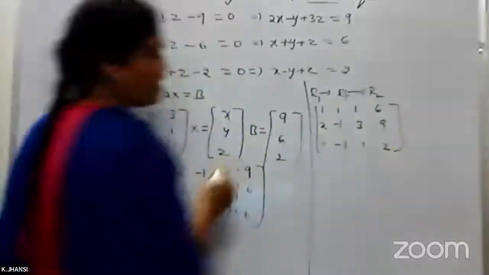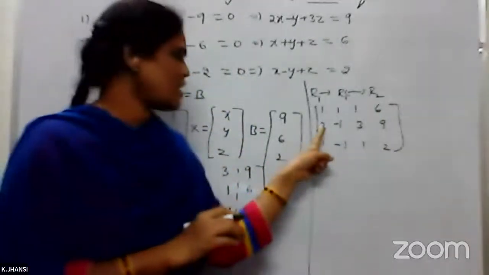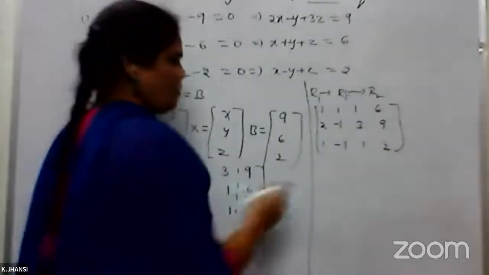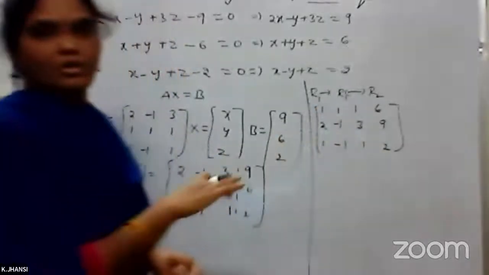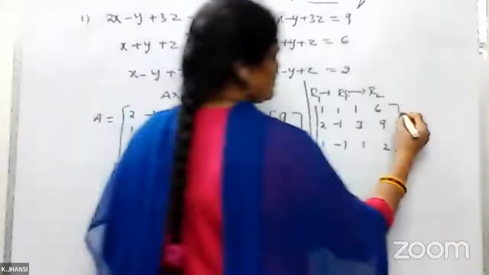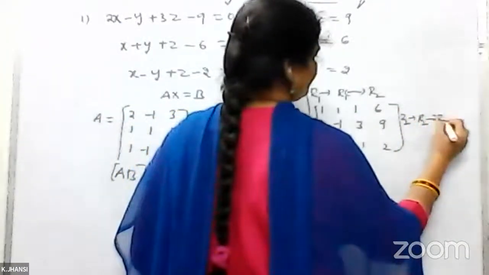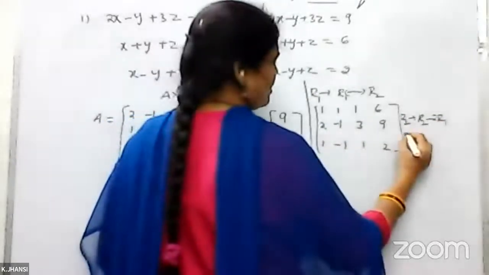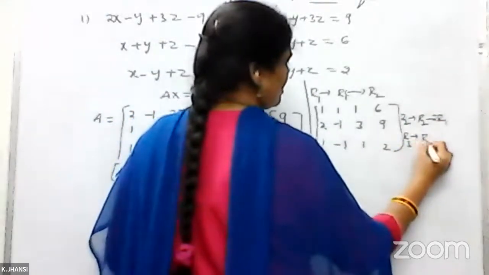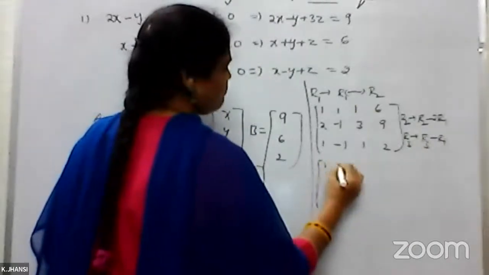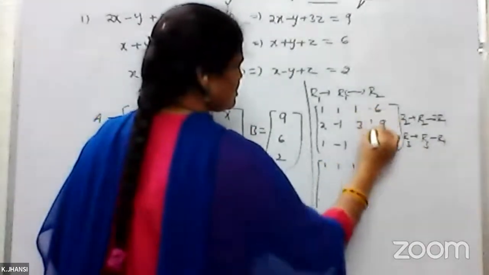Now you have to make these entries 0, if possible. They may become 0 or you may not get it. So next, R2 becomes R2 minus 2R1, and R3 becomes R3 minus R1. So it will be 1, 1, 1, 6.